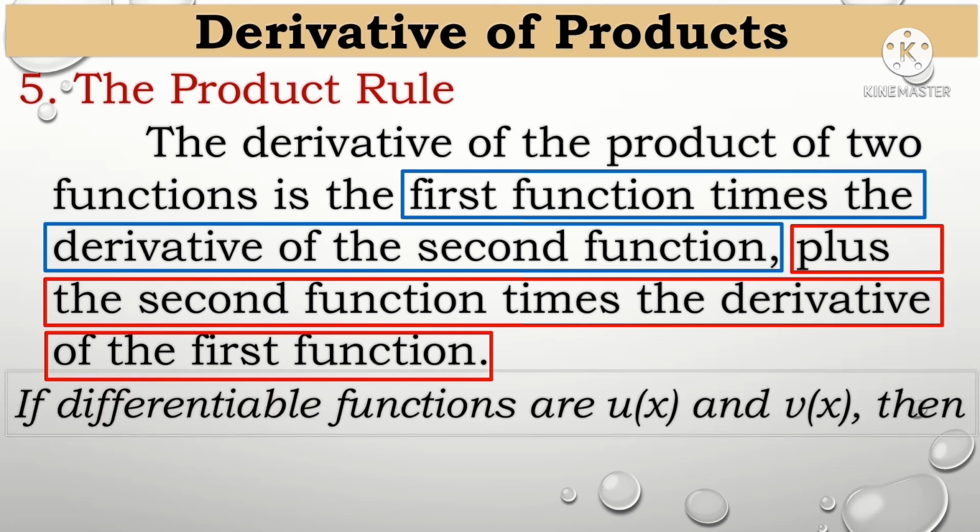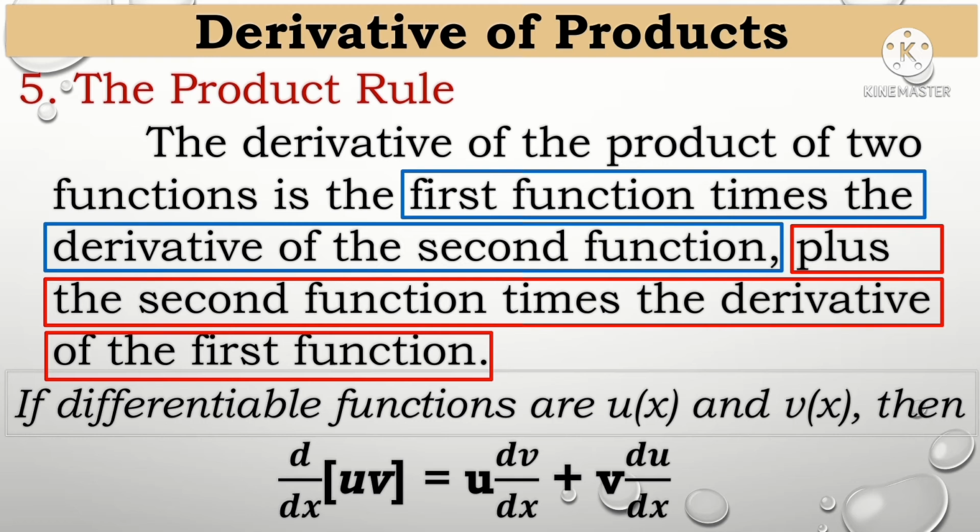If differentiable functions are represented by u of x and v of x, then the derivative of the product of these two functions, u and v, is equal to u, your first function, times the derivative of your second function, which is dv over dx, plus your second function, which is v, times the derivative of your first function, or the derivative of u. So let's have the example.